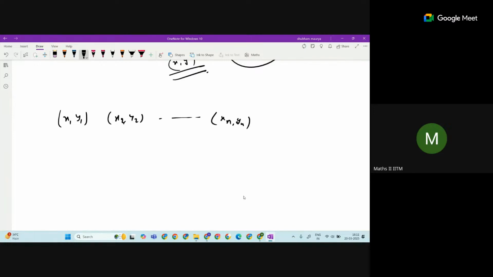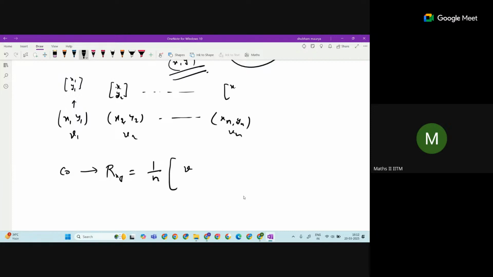Let's say these are v1, v2, up to vn. The correlation matrix, which I'm denoting as rxy, is nothing but 1 by n times v1 v1 transpose plus v2 v2 transpose plus up to vn vn transpose.